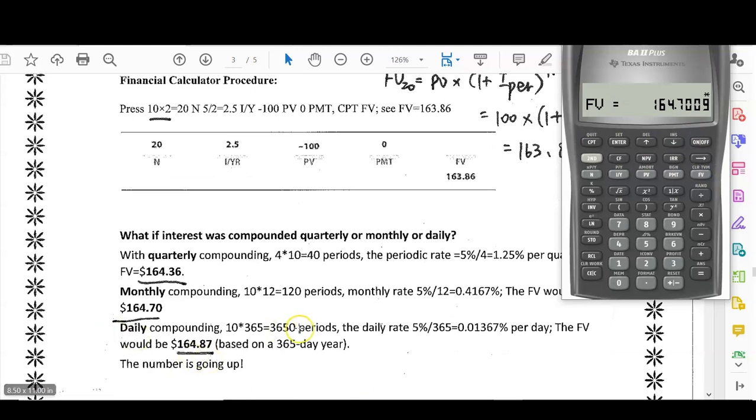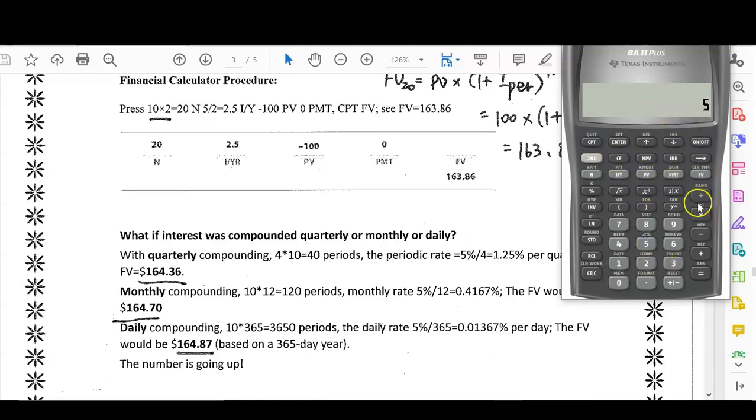If we have daily compounding, then we have 10 years multiplied by 365, which is 3,650 periods as our N, and our daily rate is 5 divided by 365.